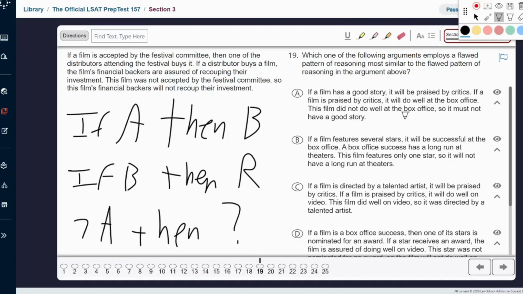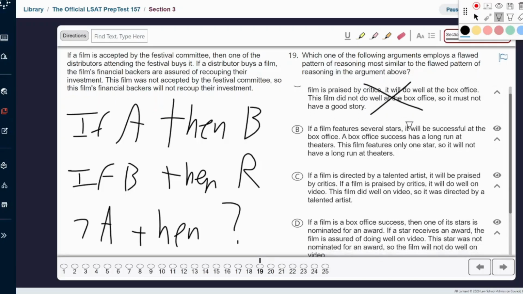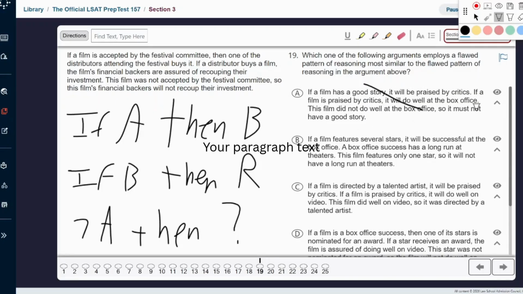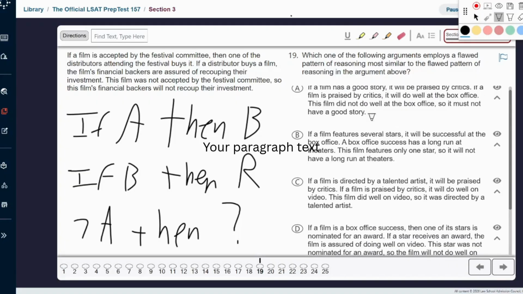No. We get, this film did not do well at the box office. Nope. The reason I'm looking for this film does not have a good story is to match this sentence right here, because what we don't have is this first premise, that first beginning part of the if-then statement. So A is out.